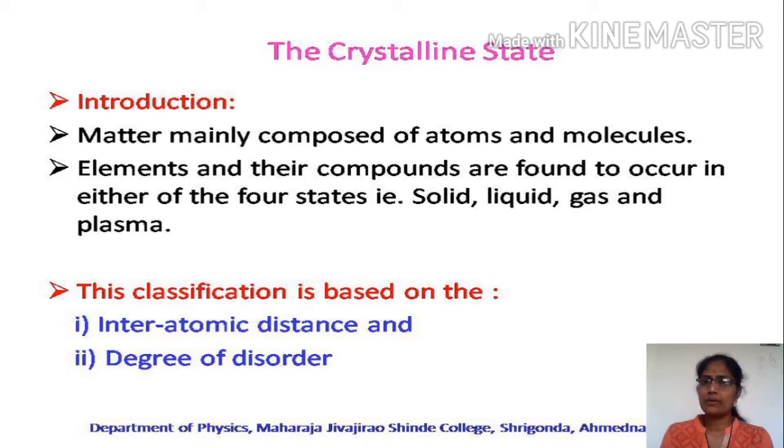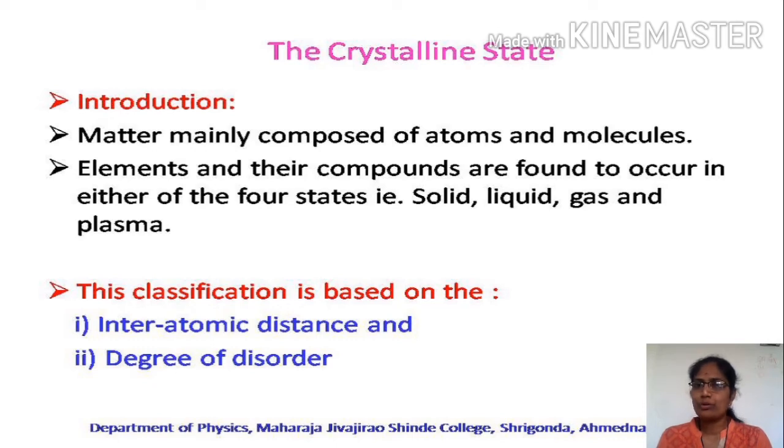Let's start with solid. In case of solid, the interatomic distance, that is the distance between two atoms, is very small. As we move from solid to liquid, gas and plasma, this interatomic distance starts to increase. As the interatomic distance goes on increasing, the degree of disorder also starts to increase. In solids, there is a regular periodic arrangement of atoms because the atoms are tightly bound.